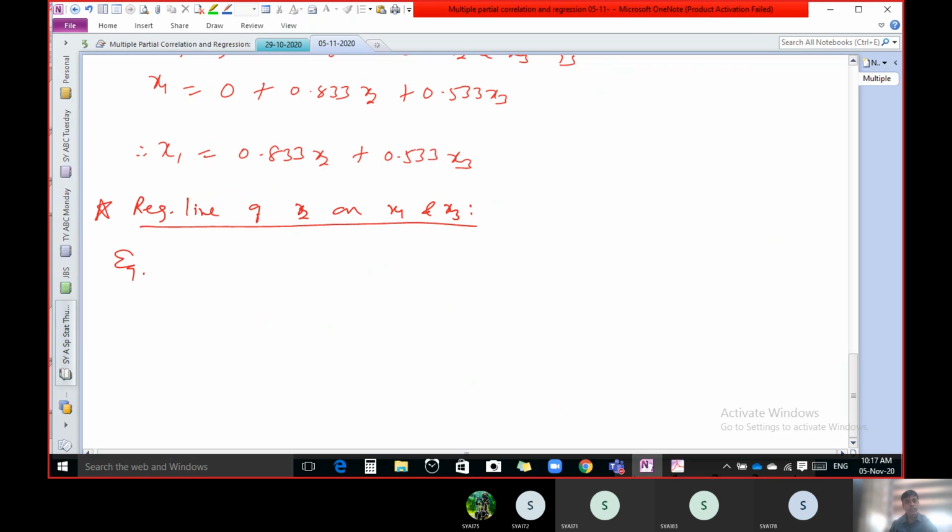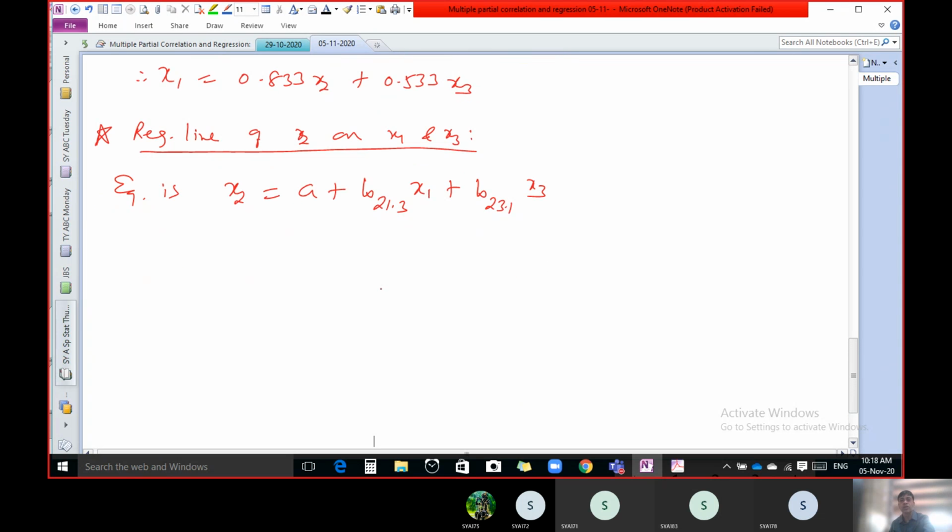So the equation is x2 equal to a plus b21.3 x1 plus b23.1 x3. To calculate the value of b21.3 we require to use the formula.